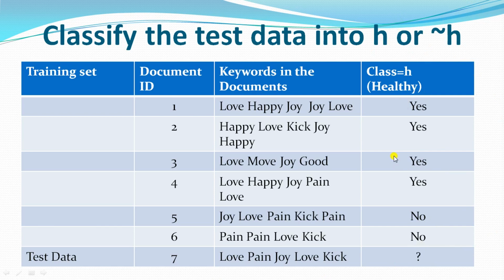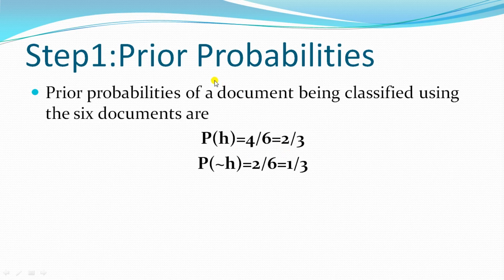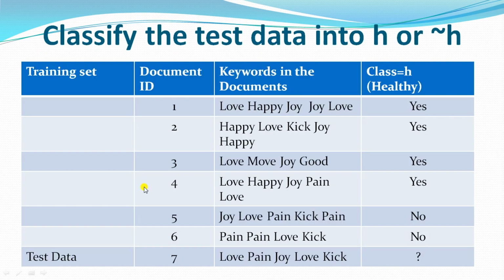Let's see step by step. The first step is to calculate the prior probability. We have the training set from document 1 to document 6.